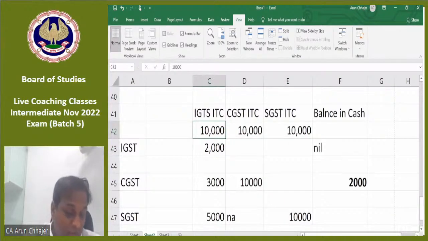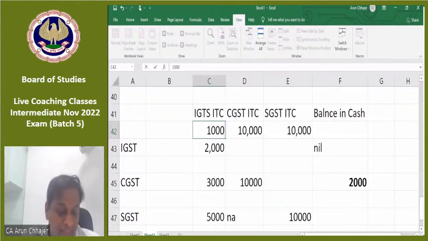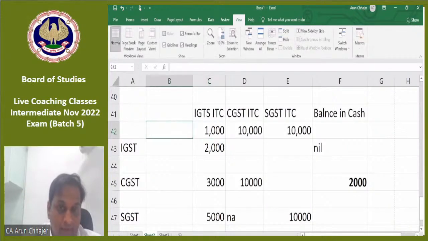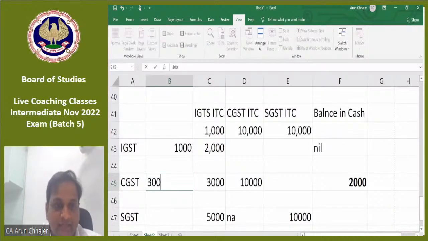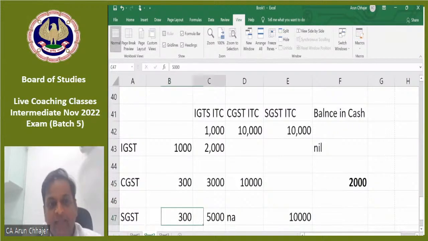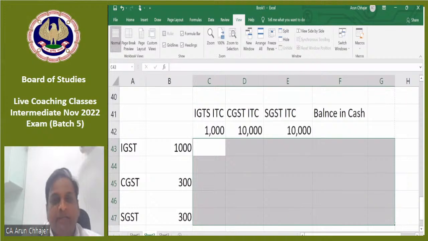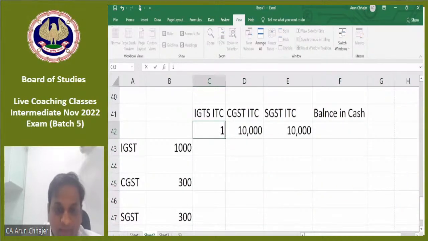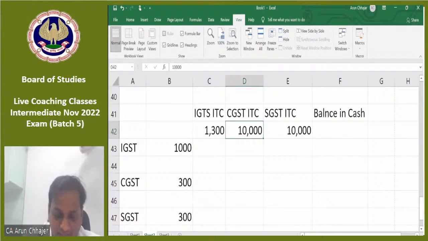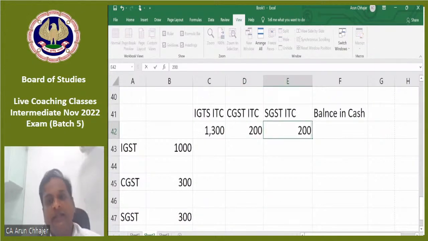I'm writing question number 41 of the institute material. 1000 is the IGST tax liability. 300 is the CGST tax liability, and similarly 300 is the SGST tax liability.